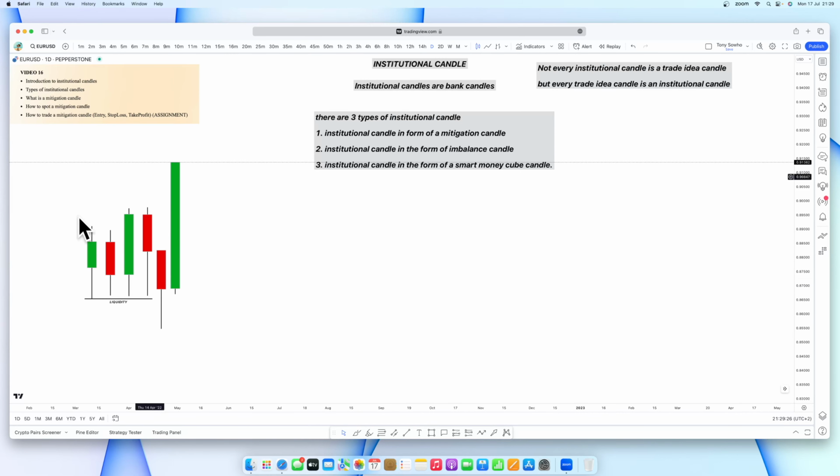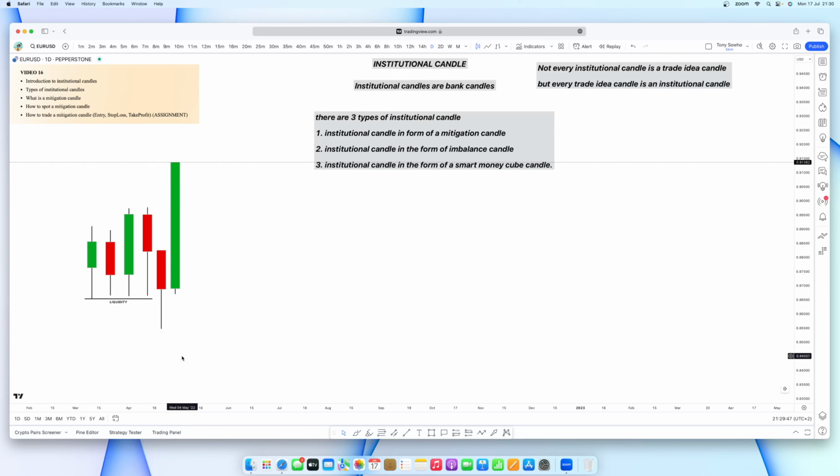Now, in this area, how do you spot the mitigation candle? The mitigation candle is a candle that takes out traders. A mitigation candle is a candle that runs on liquidity. A mitigation candle is a candle that captures stop losses.